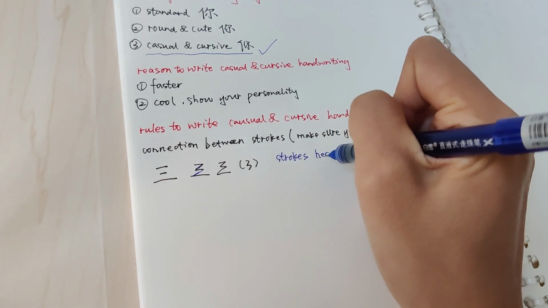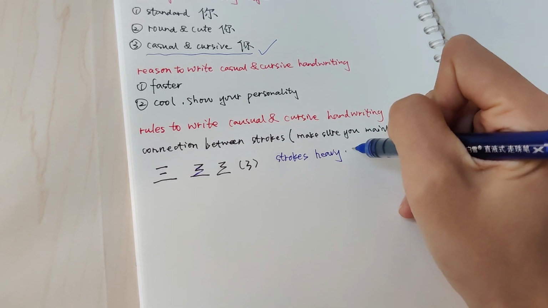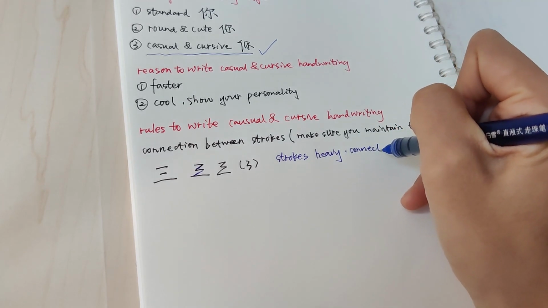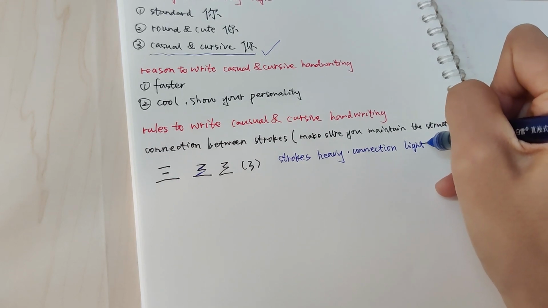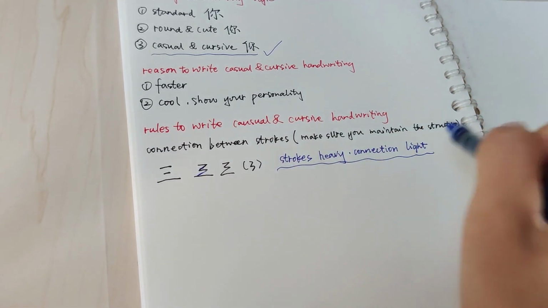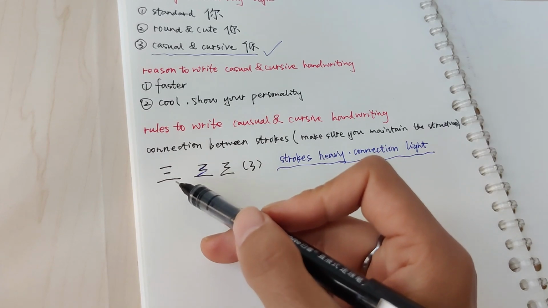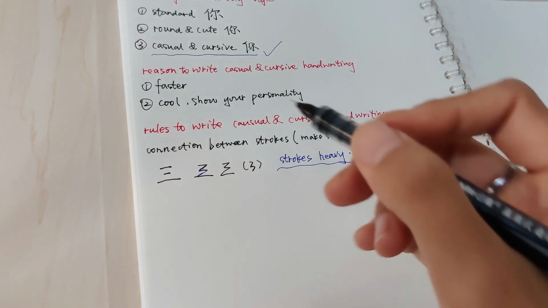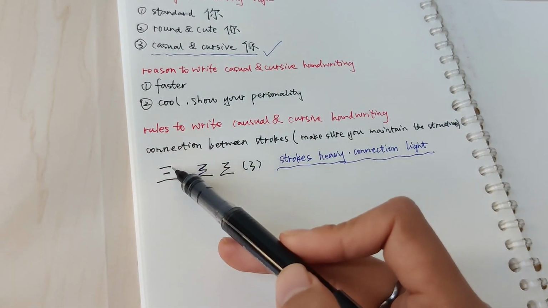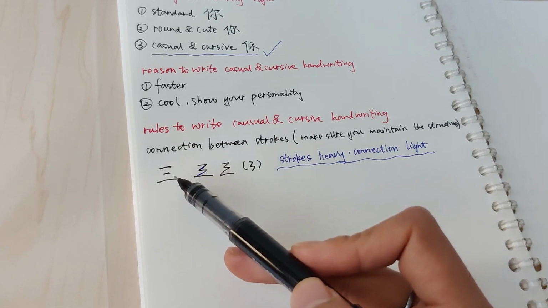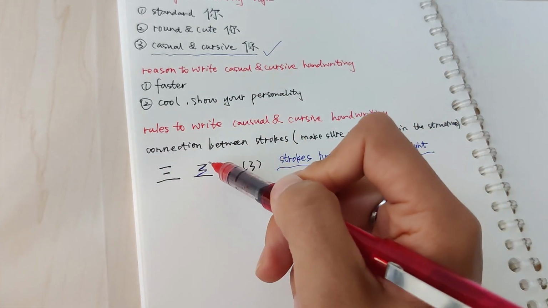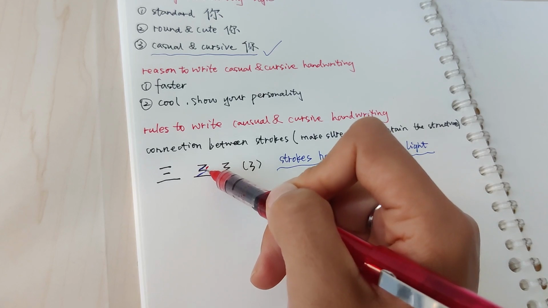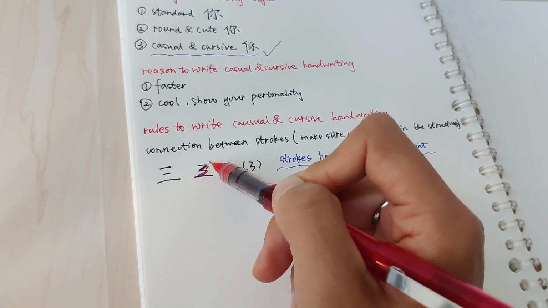Here is another very important thing: the stroke is heavy and the connection is light. Okay, remember this? Let's take san, for example. So we got 3 strokes, 1, 2, 3. Let me use the red, and this little thing, this is the connection part.